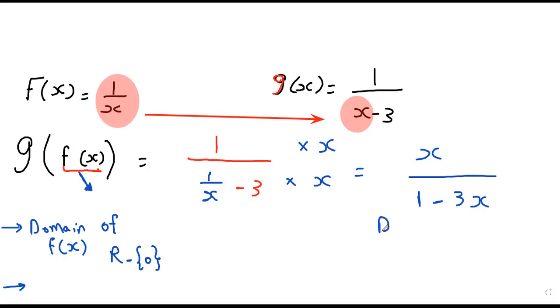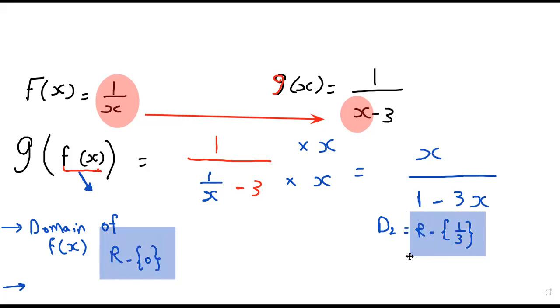So the domain D2 equals R difference 1/3. So what are all restrictions for x? We have R difference 0, and we have R difference 1/3. So the domain of g of f of x is going to be R difference 0 and 1/3.